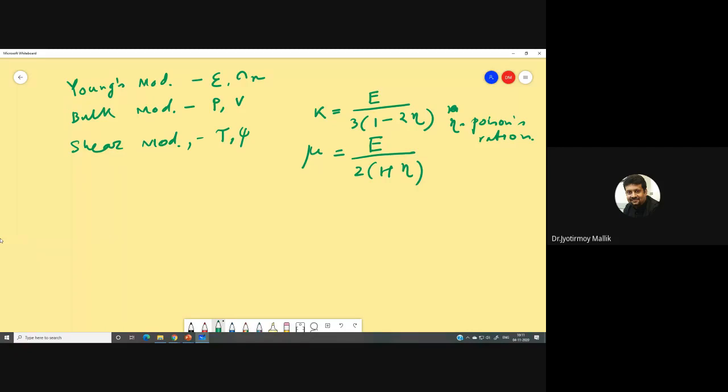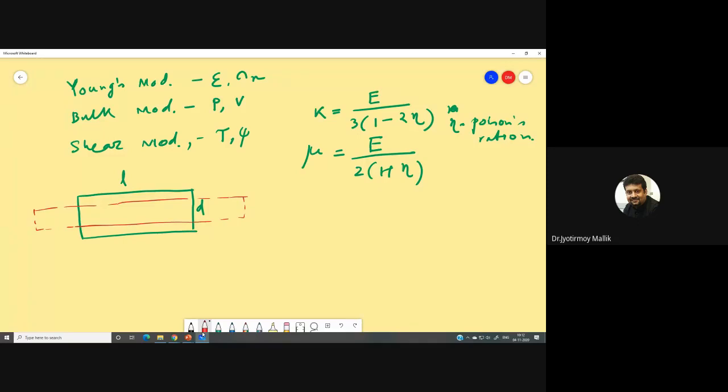Now, what is Poisson's ratio? Poisson's ratio can be explained in a very simple manner. For example, I had a bar which had a length of L and a breadth, or width in two dimensions, of D. After I apply some stress, it gets strained, and its changed shape is something like this. So it gets elongated in one direction and reduced in the other direction.